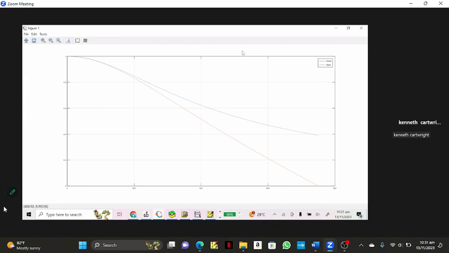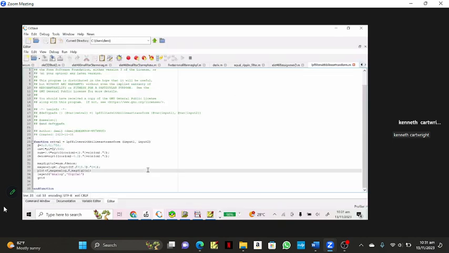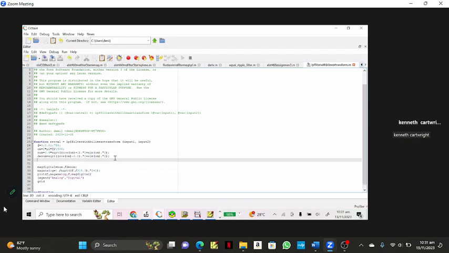Okay. So now let's put in the frequency response with the pre-warping equation. So let's add this in here. Let's call it numerator 2.